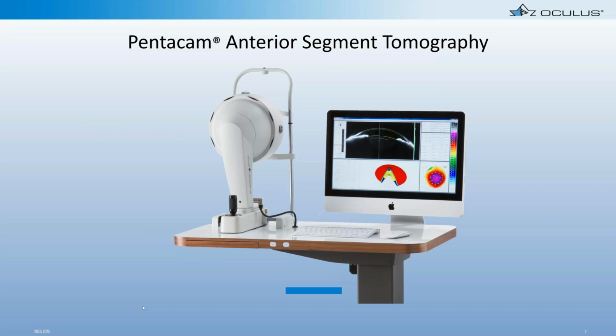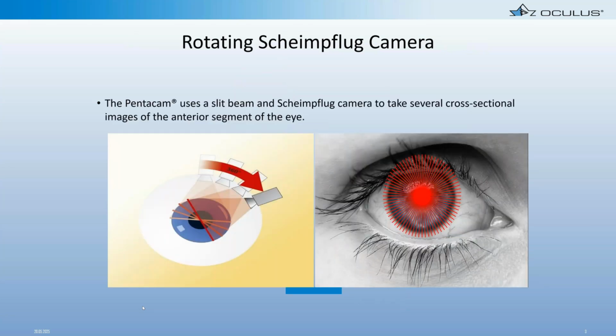So again, the Pentacam is a device that has so many applications and so much power to it. We'll talk a little bit about why Pentacam for Ortho-K. If you look at what it does, we're taking cross-sectional images through the anterior segment, and the images we're getting are greater than the corneal diameter.